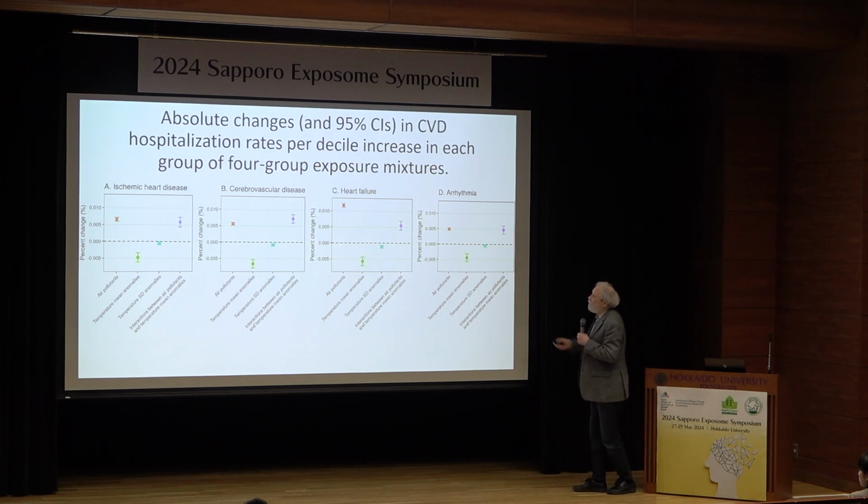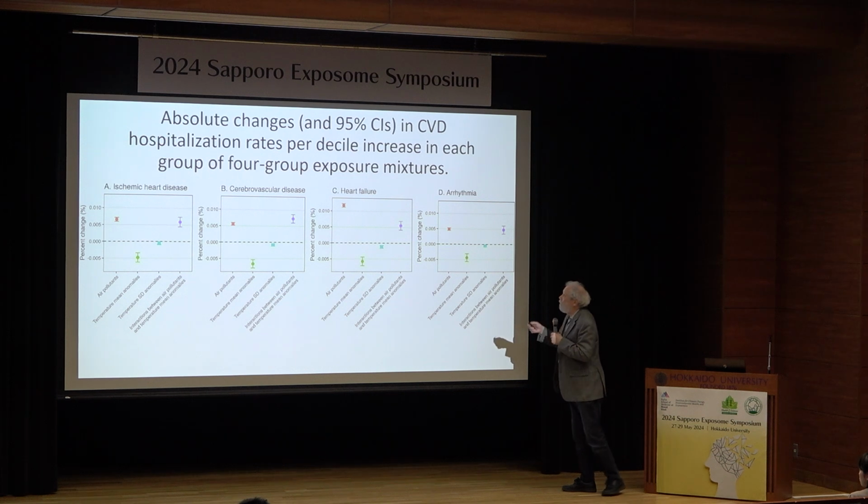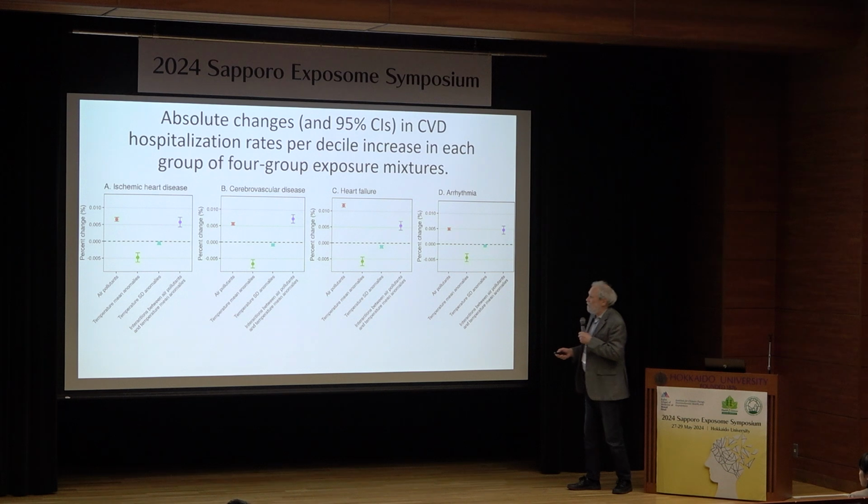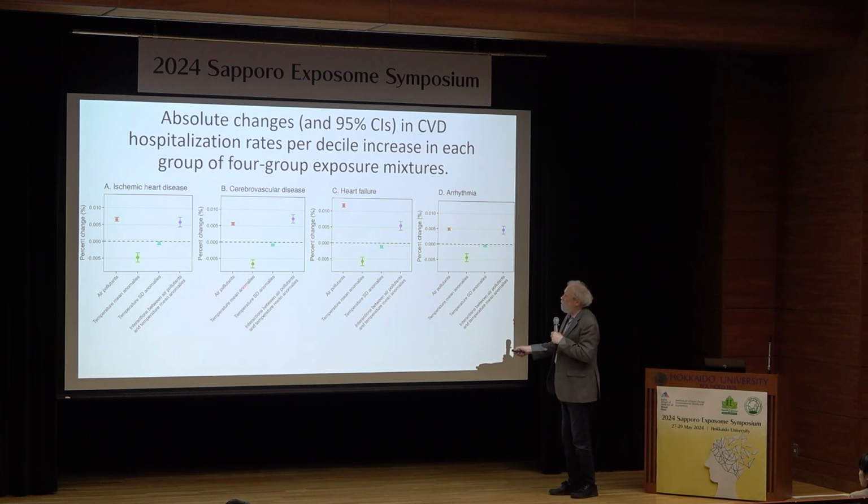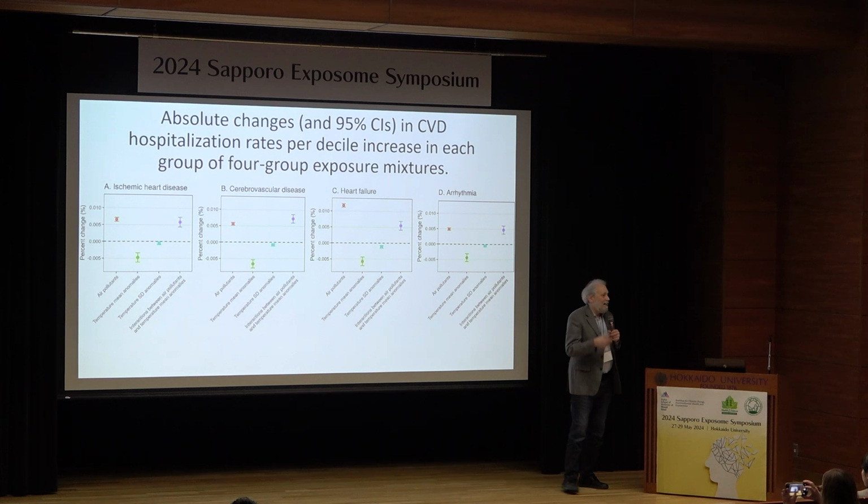And here we're looking at absolute risks. So these are changes in the hospitalization rates per decile increase in each group of 4 exposure groups. And what are the 4 exposure groups? One exposure group is all the air pollutants. A second exposure group are winter and summer mean temperature anomalies.